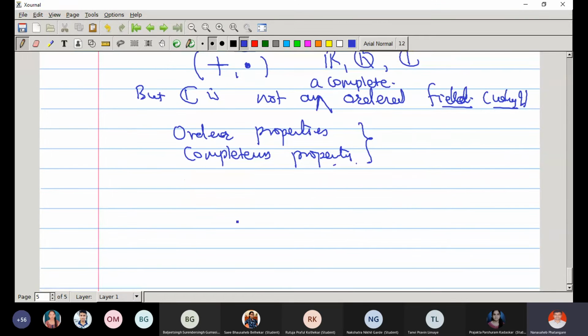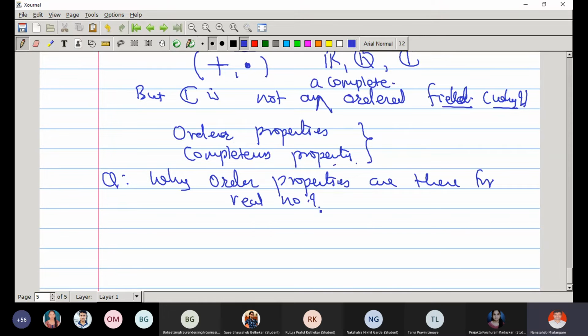Why are order properties there for real numbers? This is a basic question. Because of order properties we can compare which number is smaller and which number is larger, so that we can define supremum and infimum. And because supremum and infimum exist for every bounded set, it is complete. The set of real numbers is complete.